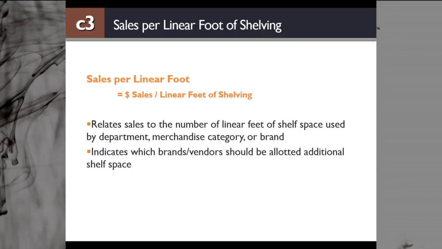Maybe some of the brands sell better, or some of the vendors' products are doing better. Then you can consider for next year's selling giving a certain brand more of its products. So sales per linear foot can tell you which brands or vendors should be allotted additional shelf space.